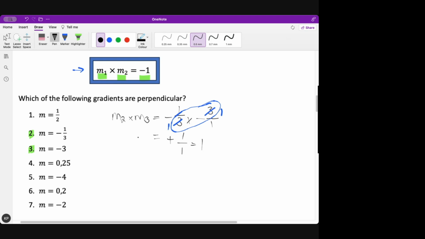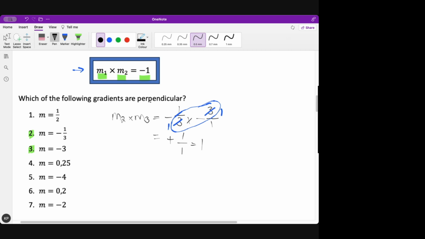But there are some things that this question can help us figure out. The first one is I need to have different symbols in order to get -1. Do you agree? The only way to get a negative answer is if one of the gradients is positive and one of the gradients is negative. So the fact that they were both negative was a clue already that these guys were not perpendicular.